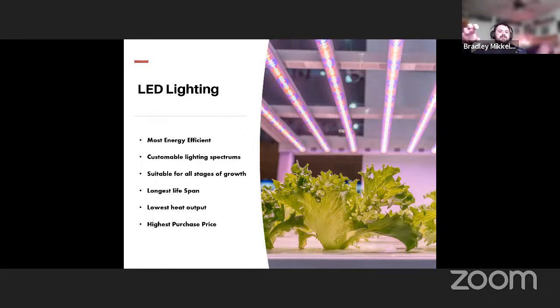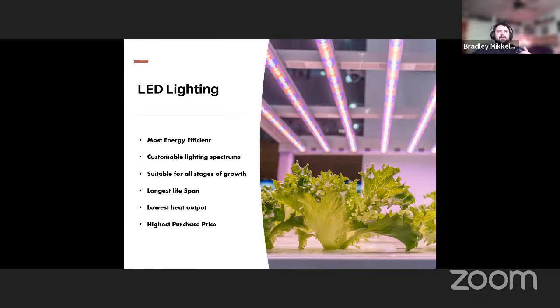And when manufacturers design these lights, they can build them so the color spectrum is more natural to sunlight and you're kind of reaching the full spectrum of light compared to like the ceramic and metal halide bulbs and the high pressure sodiums where you're really stuck in that specific color temperature zone that that light produces. So LED lights are excellent because you can use them for all stages of growth.